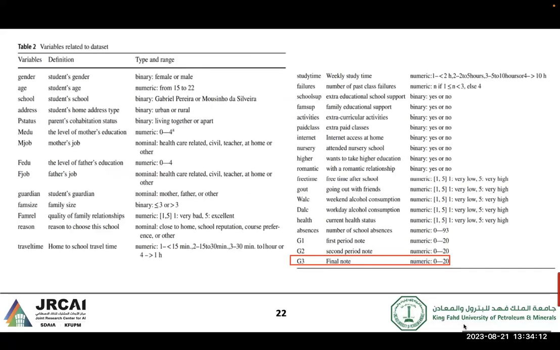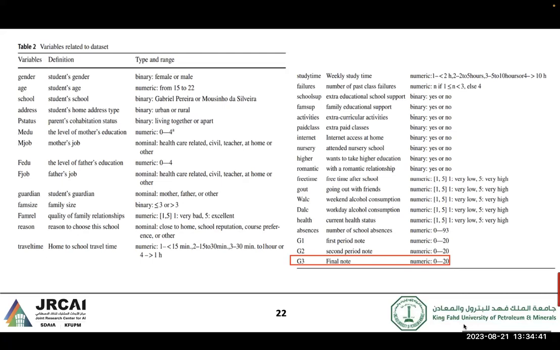So first, the data. What kind of data am I using here? You can see we have around 32 attributes. The target of this task is to predict G3, the final grade. So this is the label. You will exclude this label from the data because this is our target, and then we have the rest of the data.